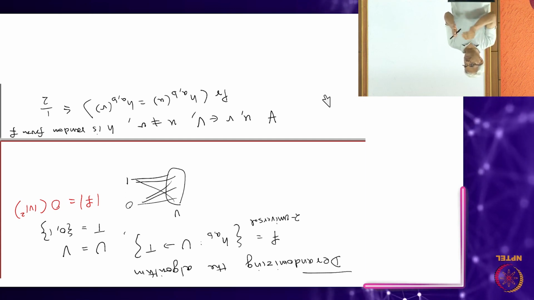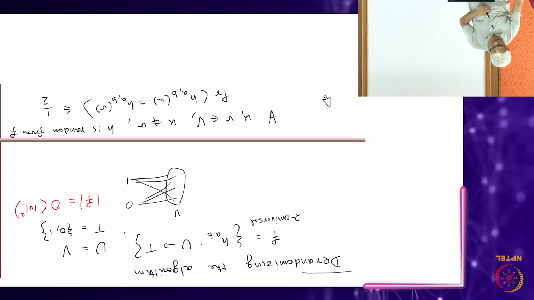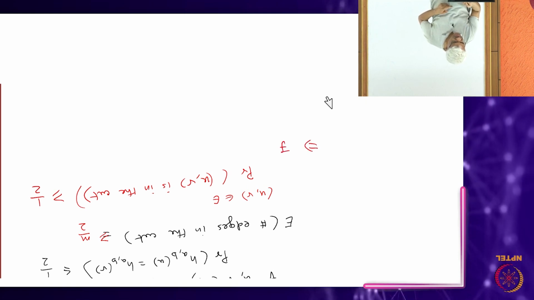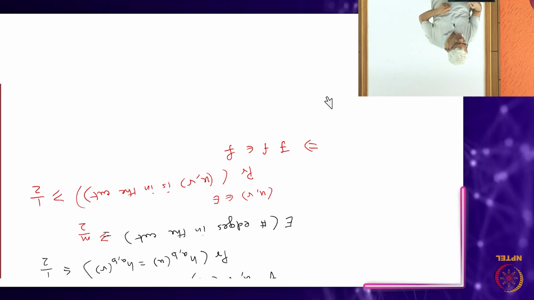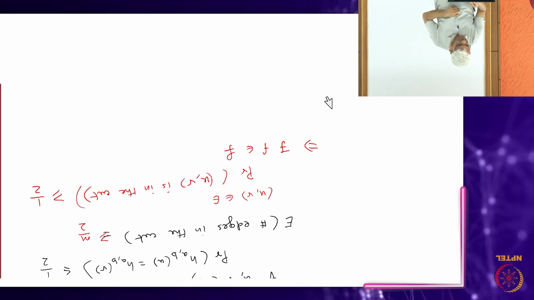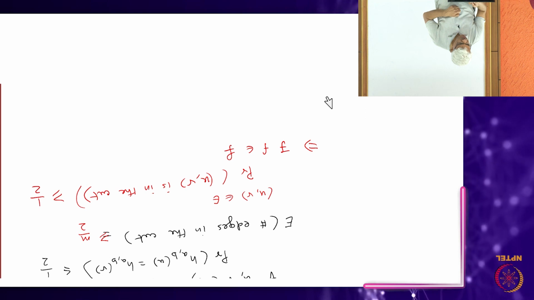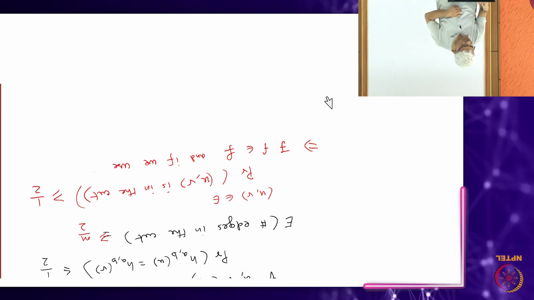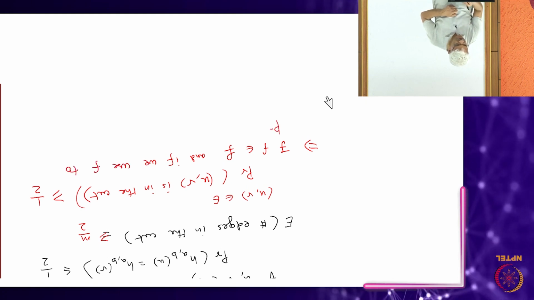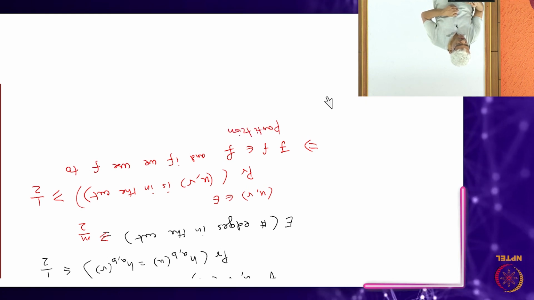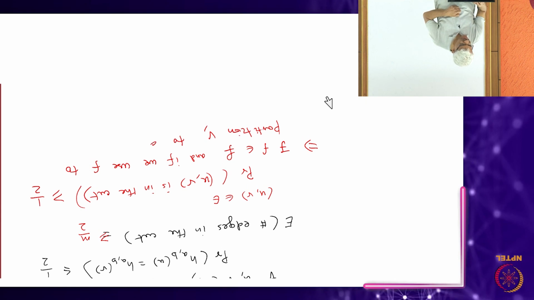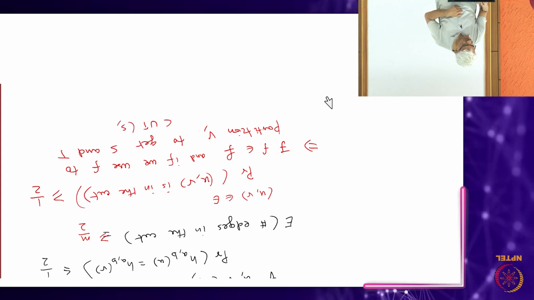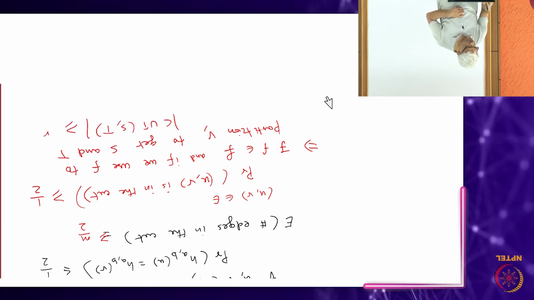I can do brute force and compute it. So this implies there exists a function f in this family, and if we use f to partition V to get S and T, the cut value of S and T is at least m over 2.